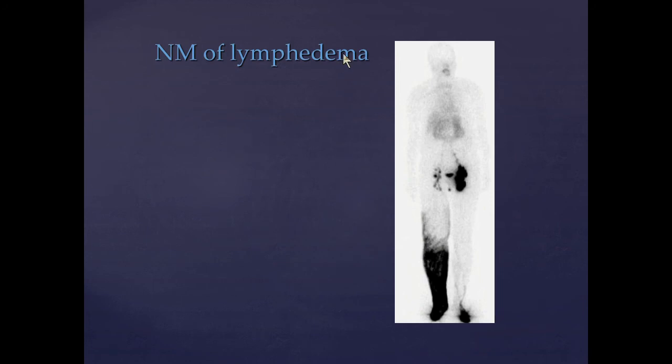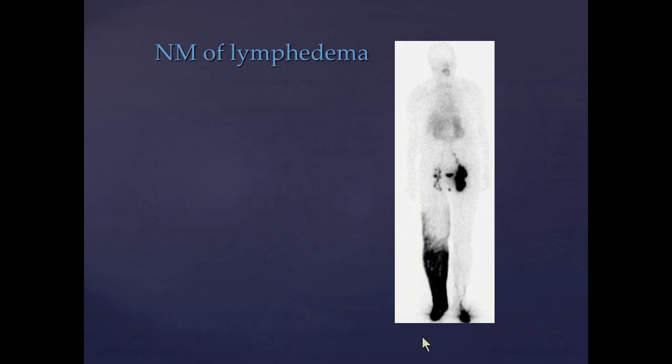If we want to make the diagnosis of lymphedema, and occasionally this is clinically important, we typically use nuclear medicine. Sulfur colloid is injected in the web spaces of the toes, and you image over time, and you also put a region of interest and try to determine a transit time. And so you can see this is markedly abnormal.